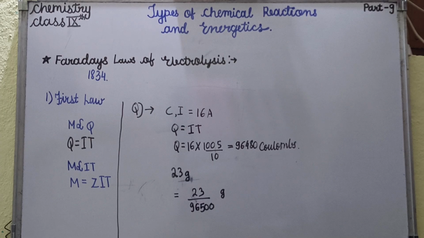When 96480 coulomb of electricity is passed, the metal obtained is equal to 23 upon 96500 into 96480.